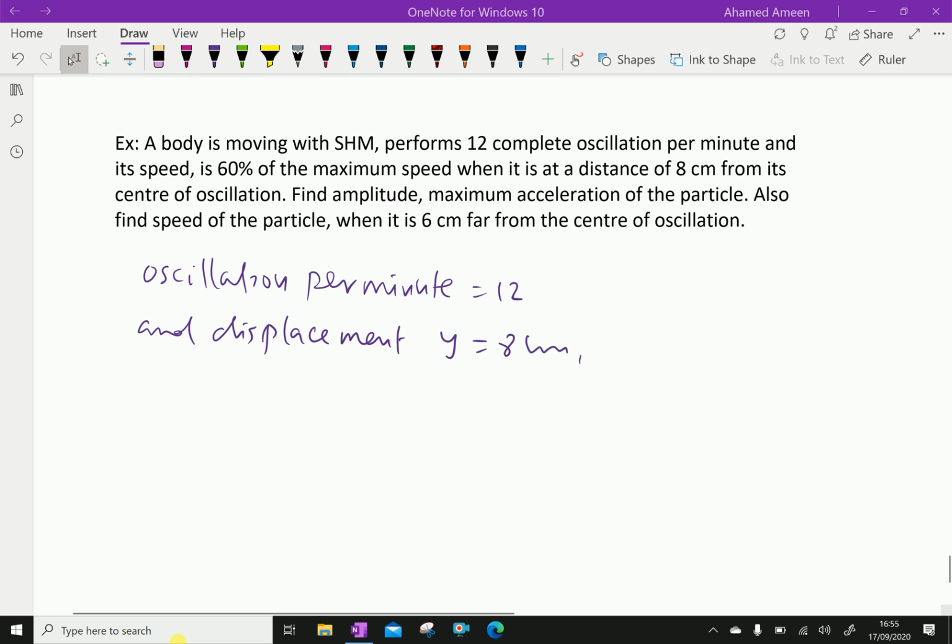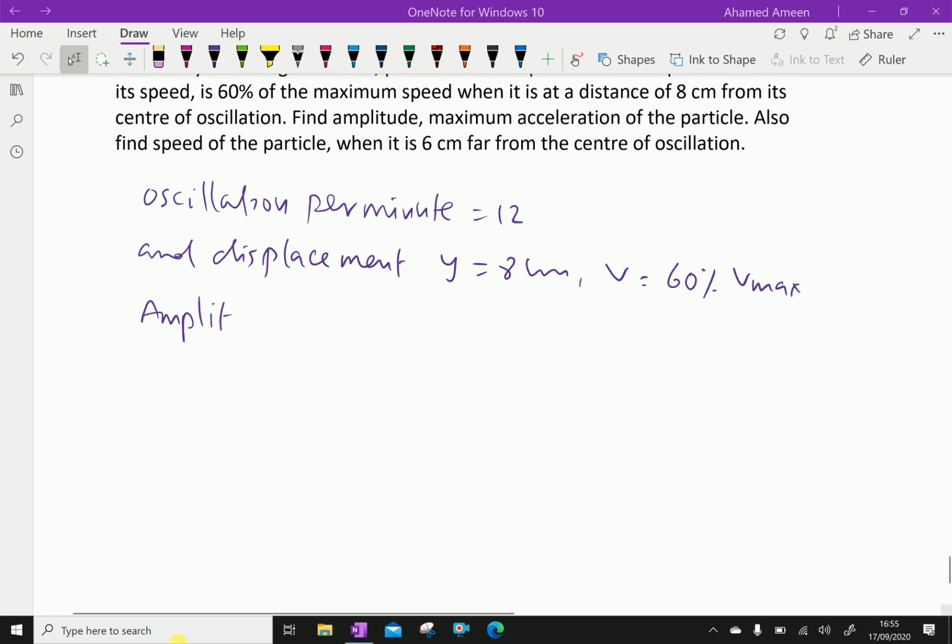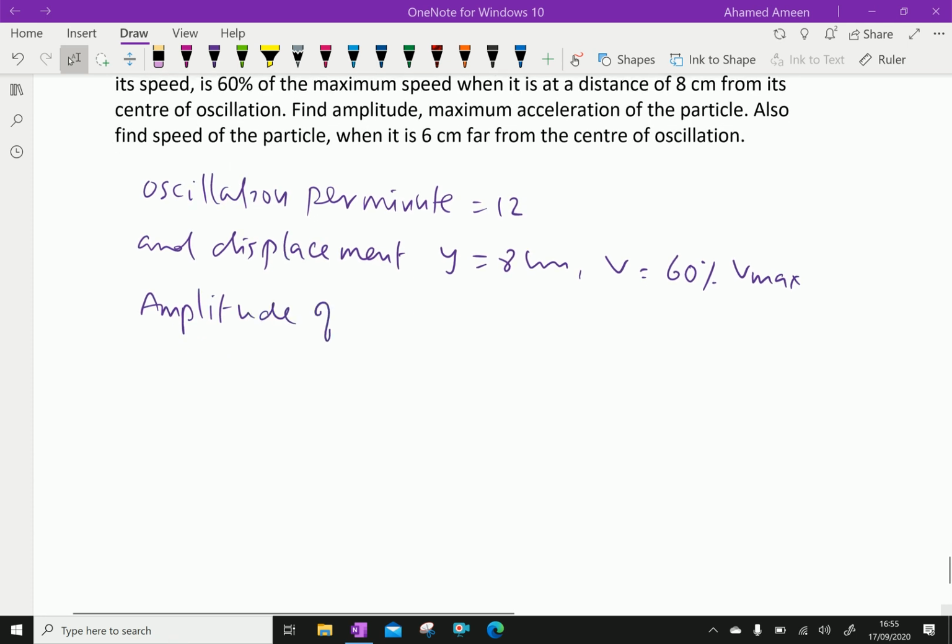Velocity v equals 60% of v max. First we will find the amplitude of the particle.